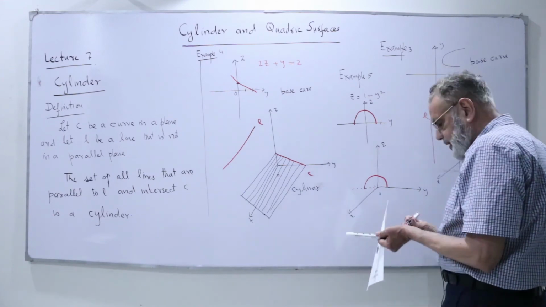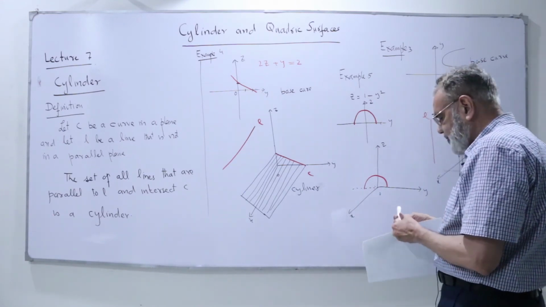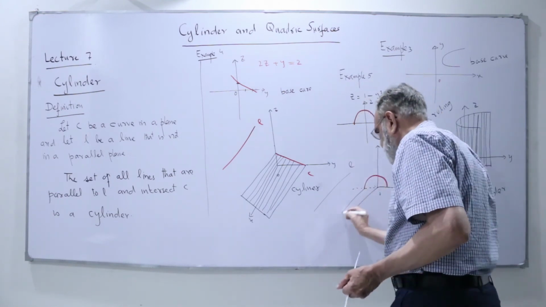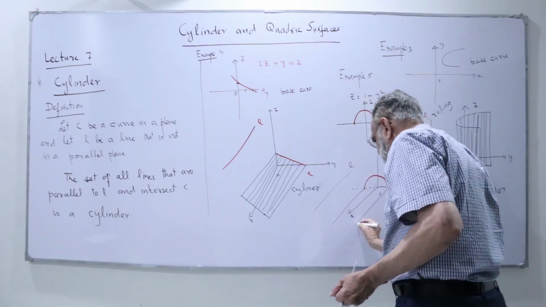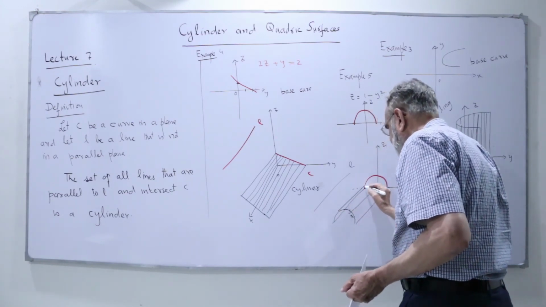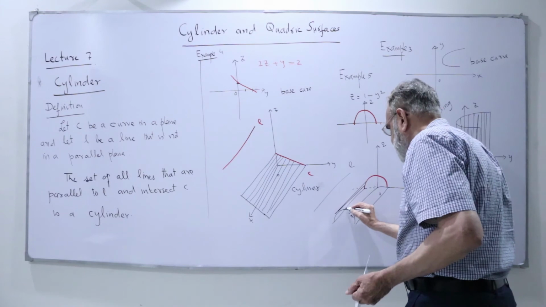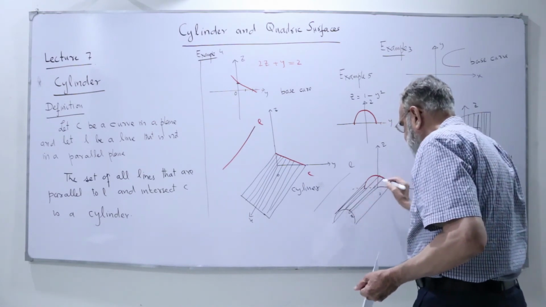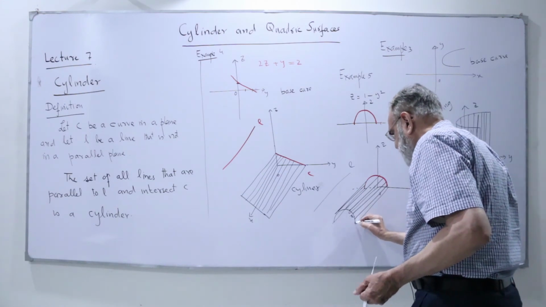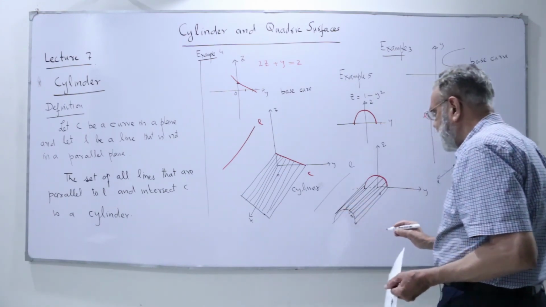Now I take this as line L, and I take all the lines parallel to this one, this line parallel to this one, and this line parallel to this one. I draw all the lines parallel to this one and intersecting the curve C, and this becomes a cylinder for me. So that's another definition.